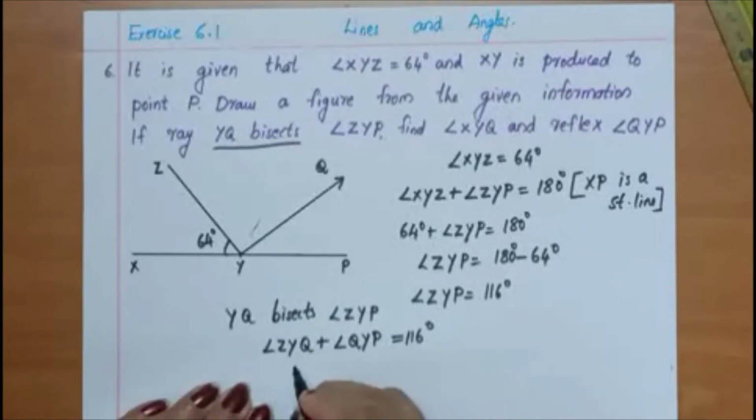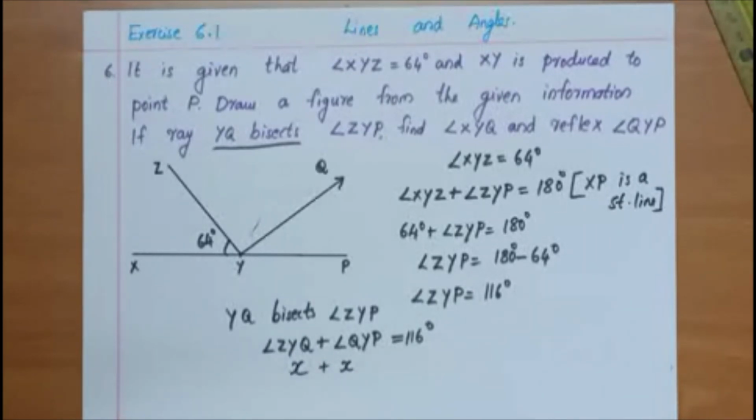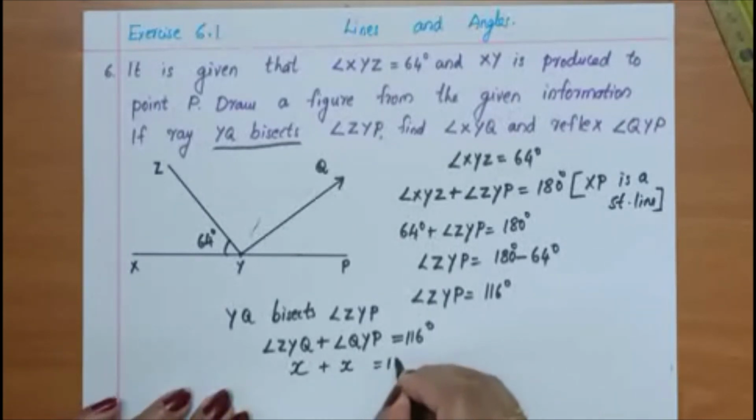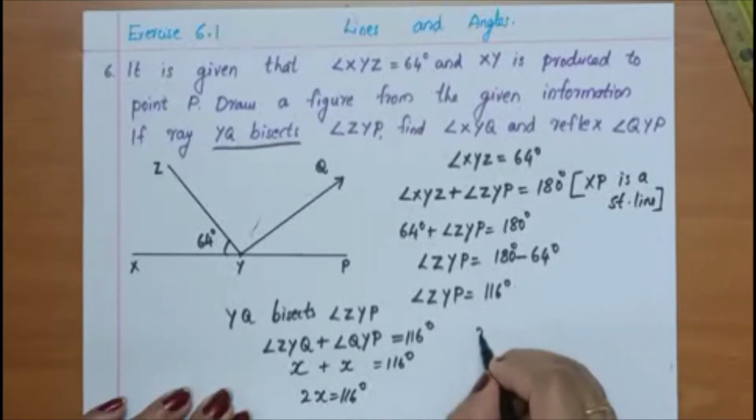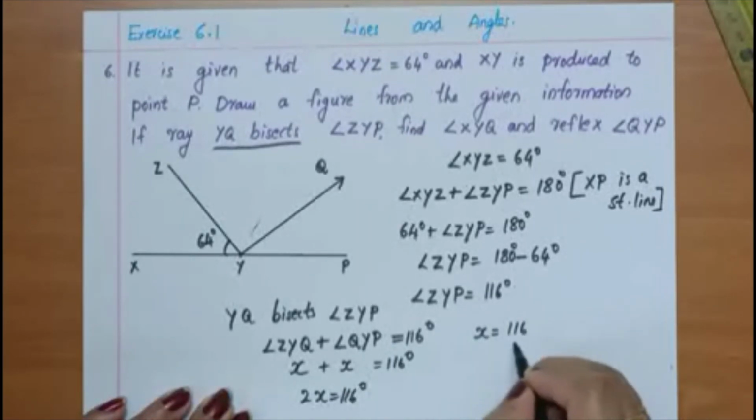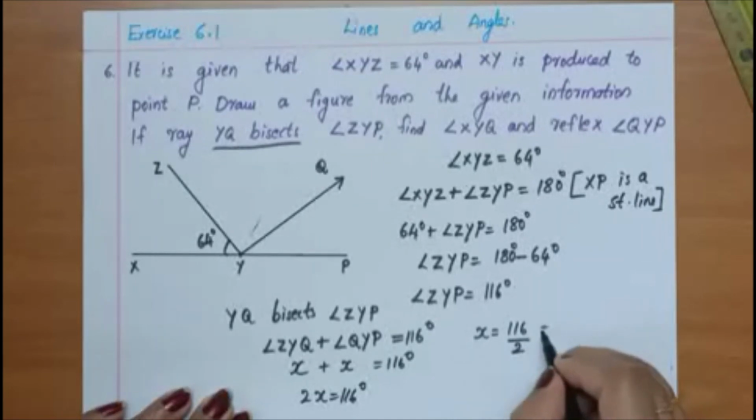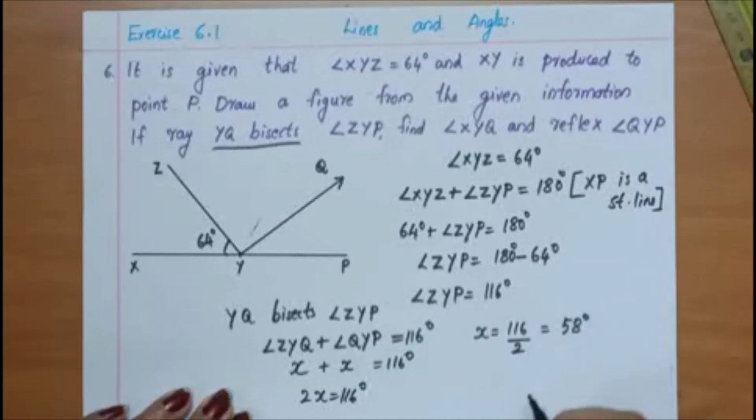Because YQ is bisecting the angle, the measurements will be equal. So I am giving X and X equal to 116 degree, 2X equals 116 degree, so X equals 116 divided by 2, that means 58 degree.